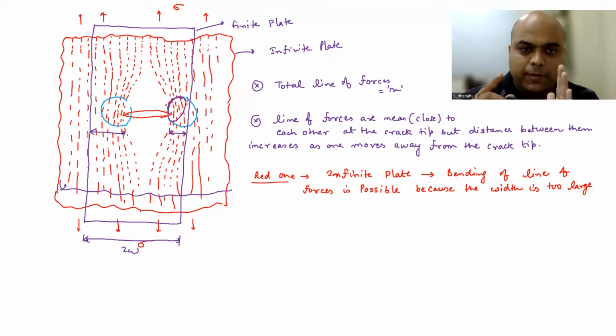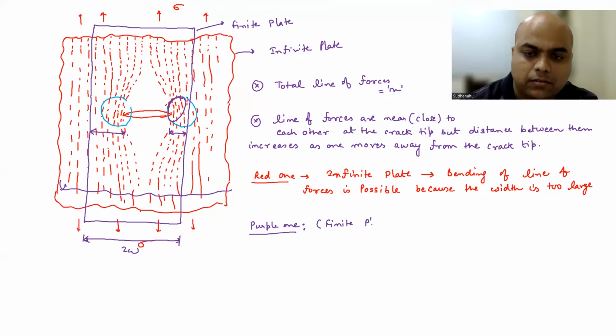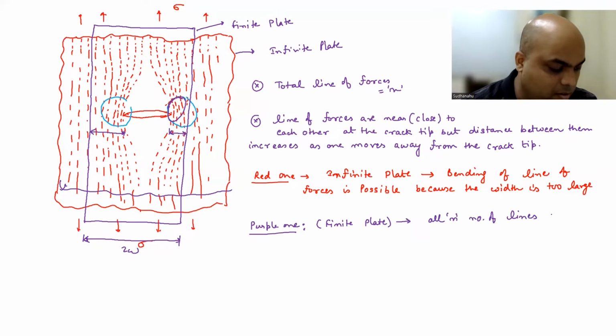So bending was possible because the width is too large. Now in the case of the purple one, which is the case of a finite plate, all n number of lines have to be inside the plate.